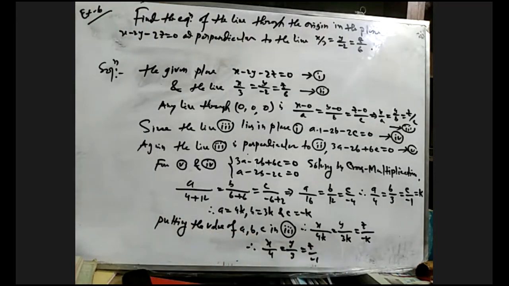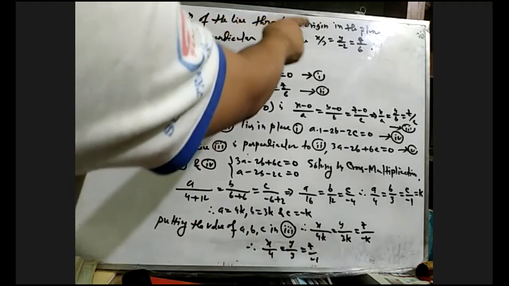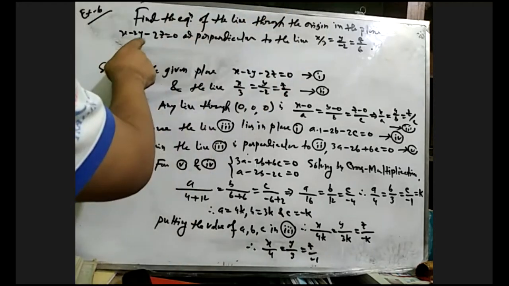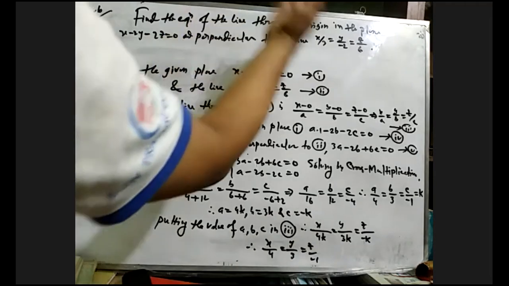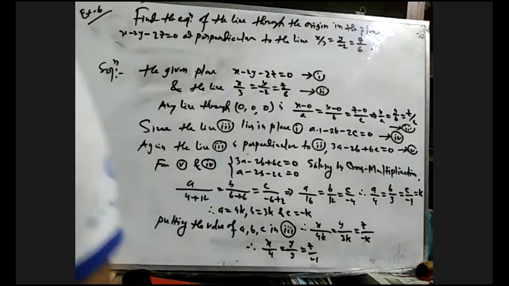This is the required line through the origin in the plane x minus 2y minus 2z equals 0, and perpendicular to the given line. So very easy equation for you.